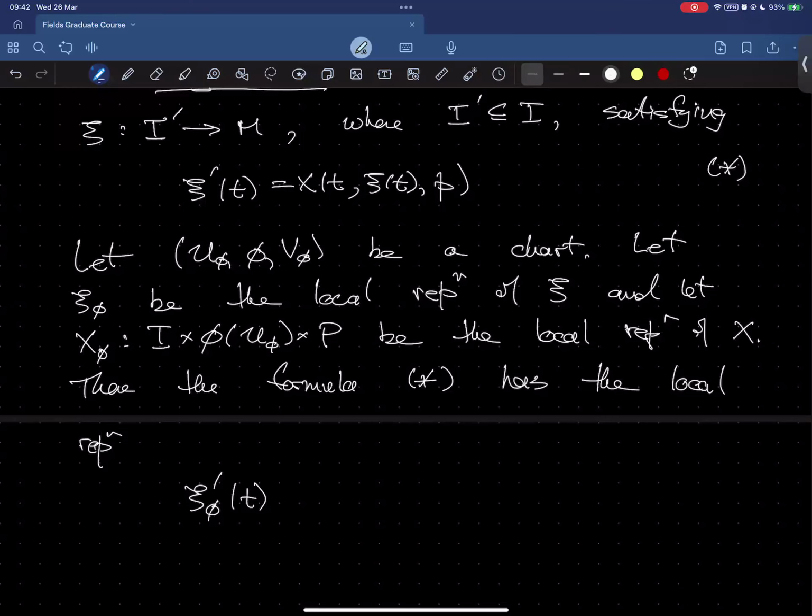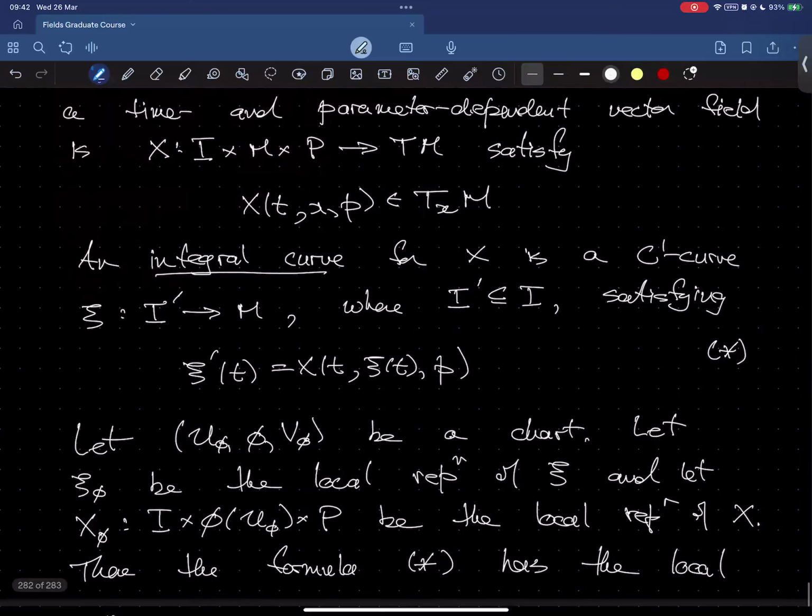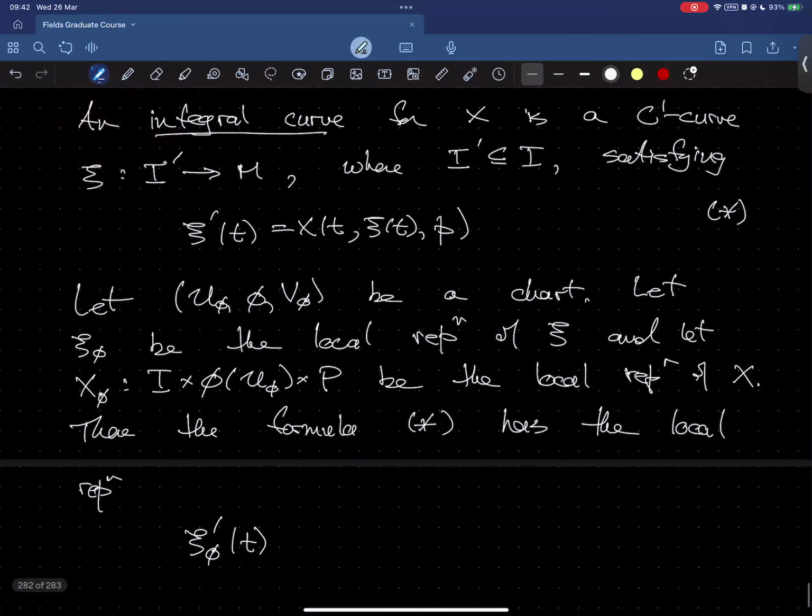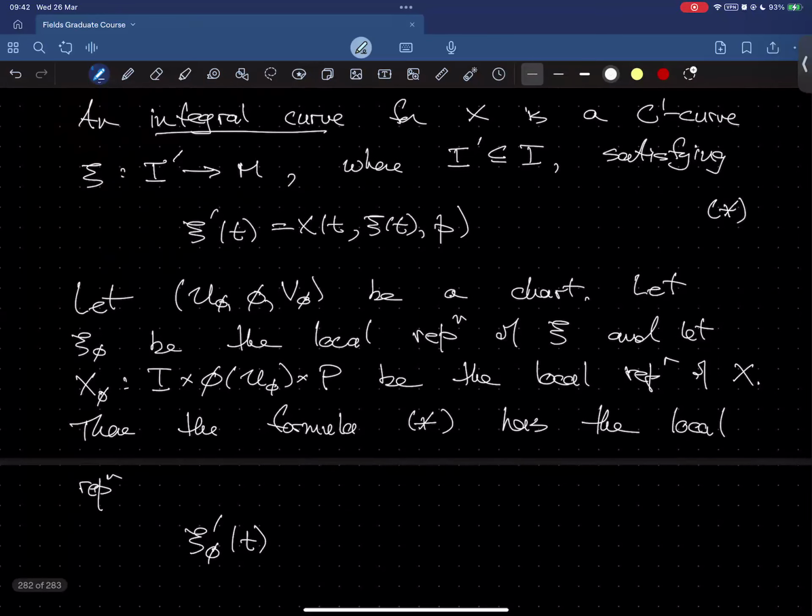Right? And you had a homework problem where you kind of deduce the correspondence between the two primes. That was the idea of the homework problem. Okay. And so this is x phi of t, c phi of t, p. All right.